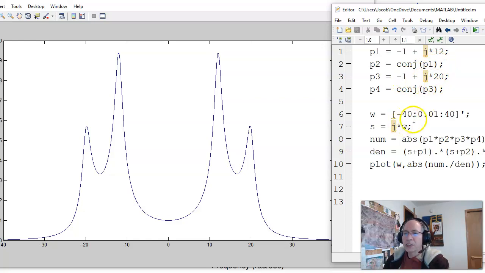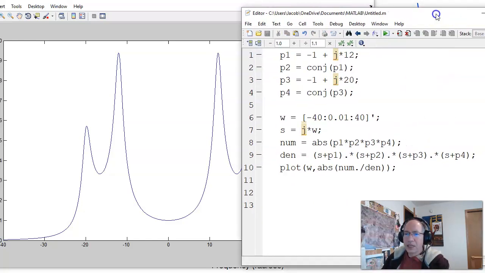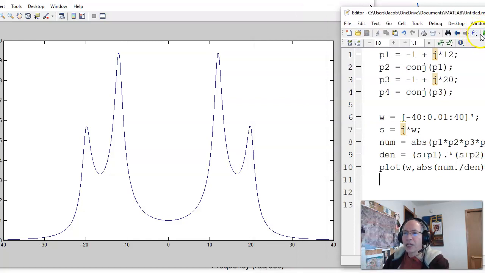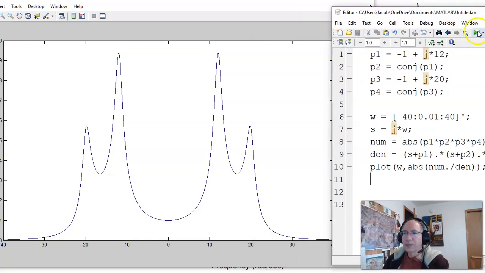Plot the gain versus frequency from minus 40 to plus 40 radians per second, just so you can see the complex conjugate. The numerator is just a constant. The denominator is s plus p1 times s plus p2 times s plus p3 times s plus p4. Plot that, and here's what you get.